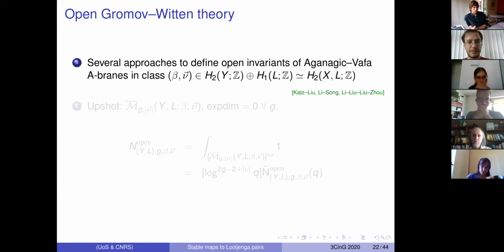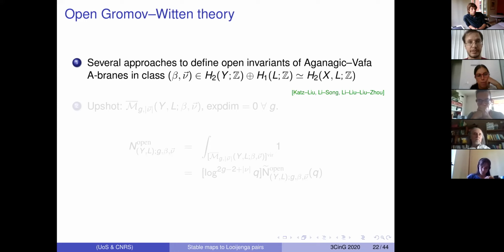There are several approaches to define open Gromov-Witten invariants of a Lagrangian Harvey-Lawson brane inside X in a multiclass parameterized by winding or a set of winding numbers around the connected components of the boundary of the curve and its relative homology class.